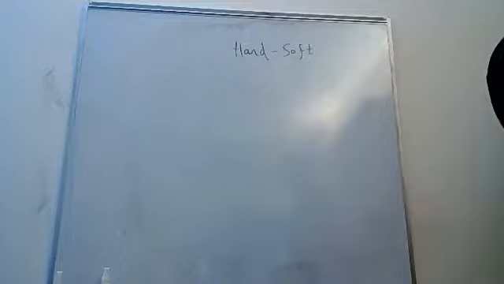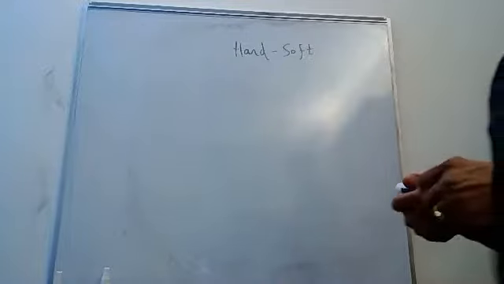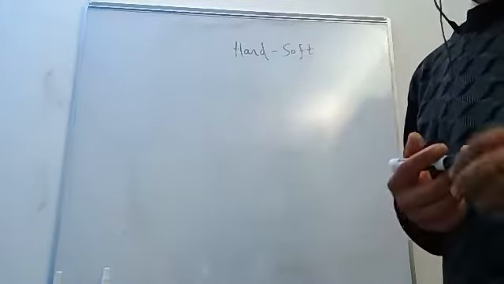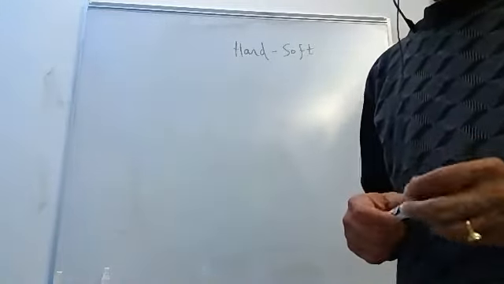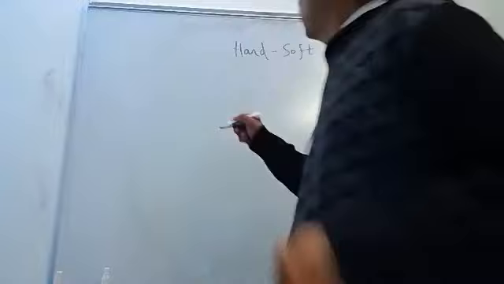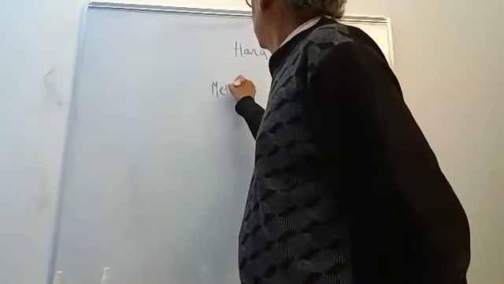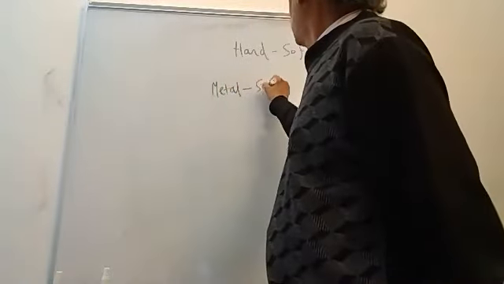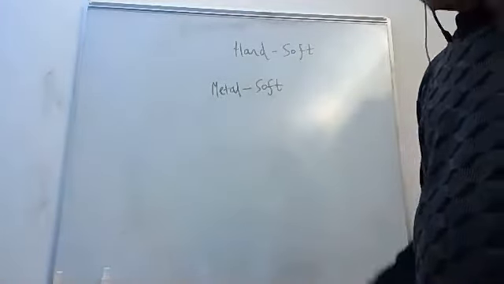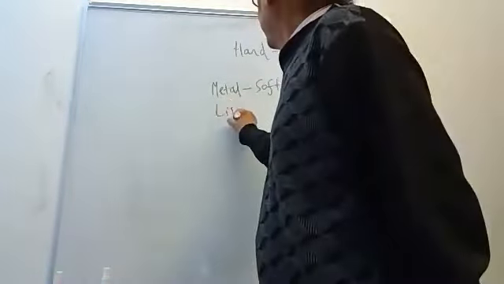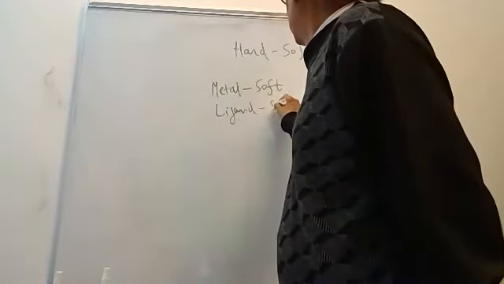Wonderful, excellent. So here is the observation. By looking at a variety of complexes, what people found was if your metal is soft, then a soft metal always goes with a ligand that is also soft.